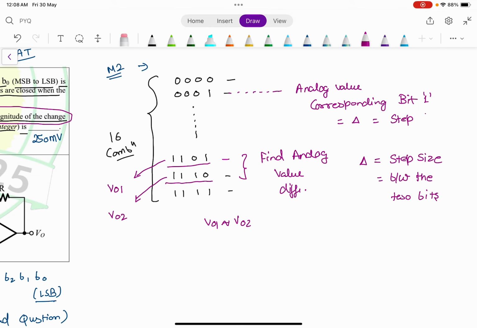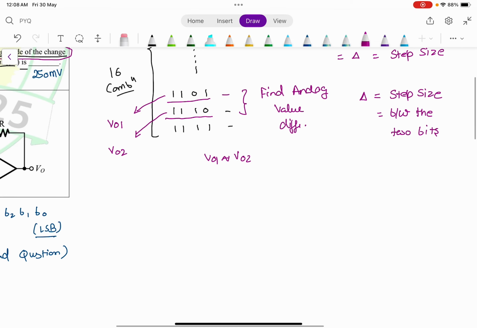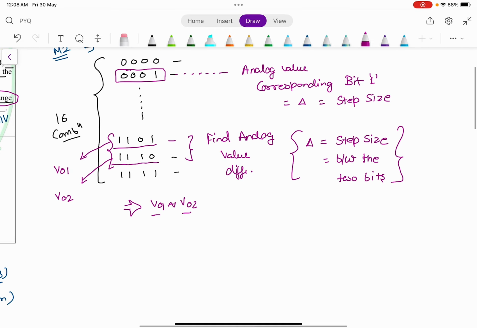Once you find the analog value corresponding to bit 1, you will get your answer without writing the difference of these two, because you already analyzed that these are two consecutive bits. The difference between two consecutive bits is nothing but the step size.